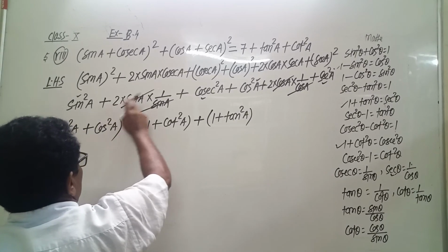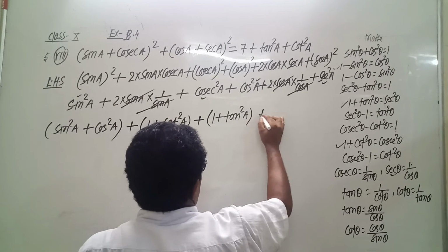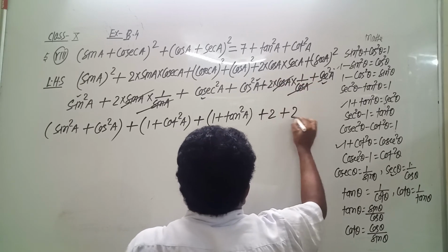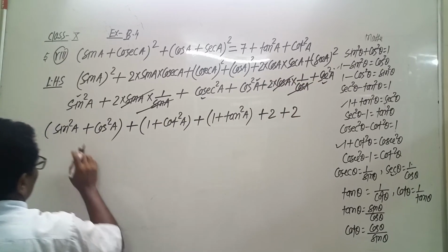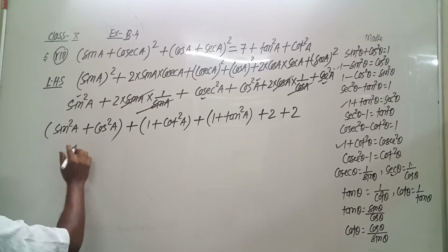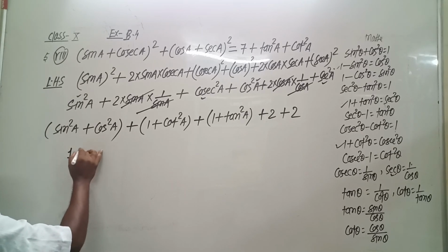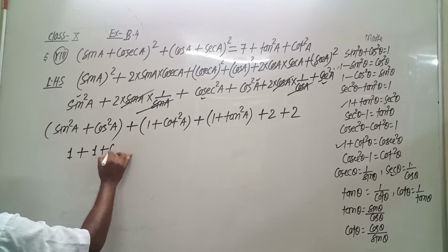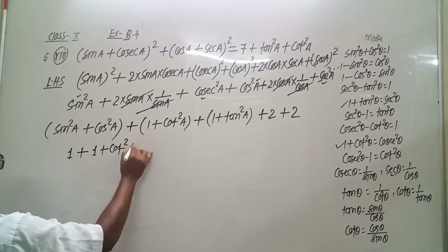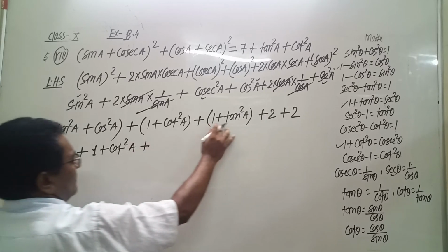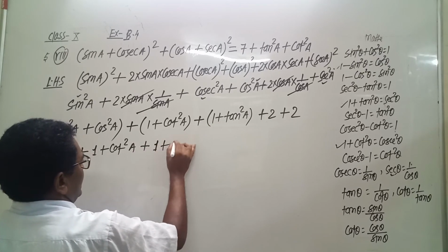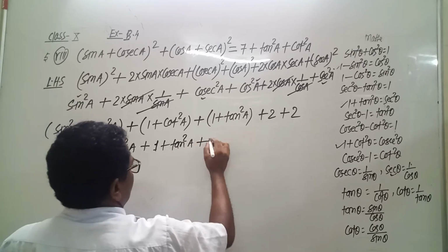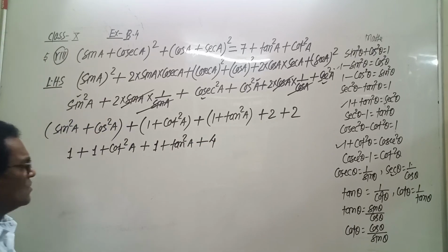Here 2 remains multiplied by 1 plus 2, and here also comes plus 2 into 1 plus 2. Then sin square theta plus cos square theta becomes 1, plus 1 plus cot square A, then 1 plus tan square A, and plus 2 and plus 2 becomes plus 4.